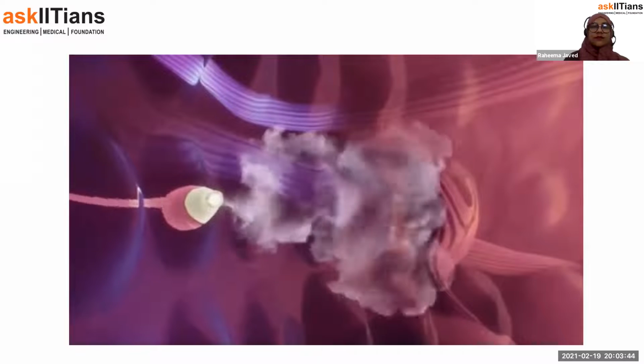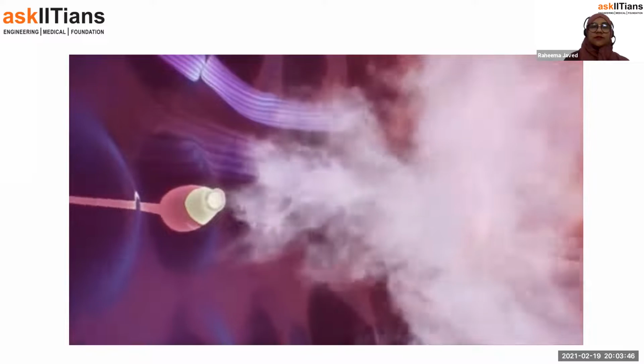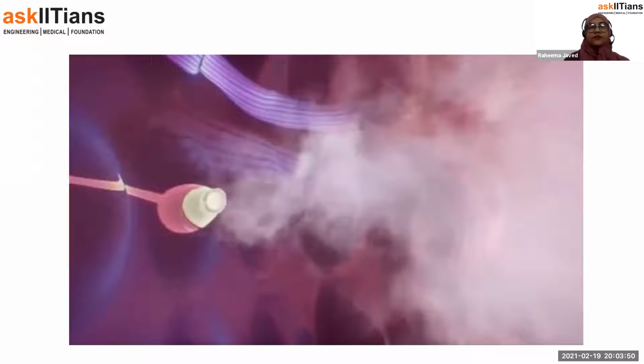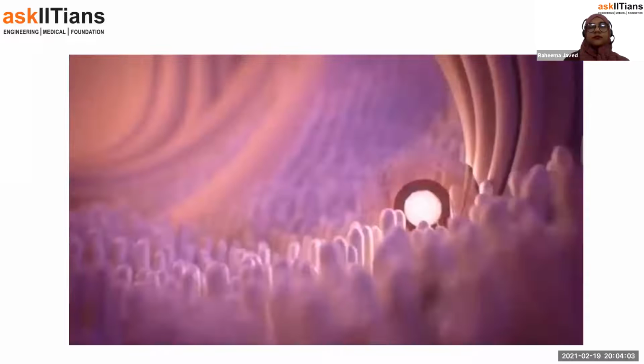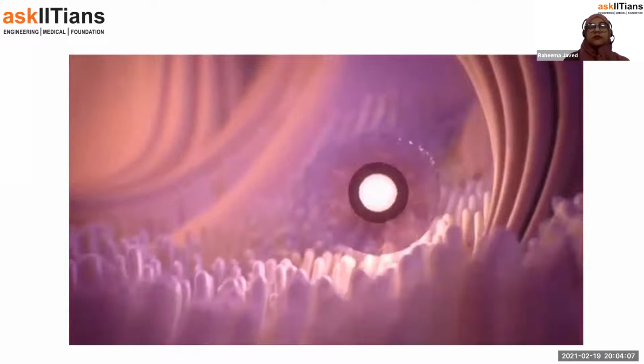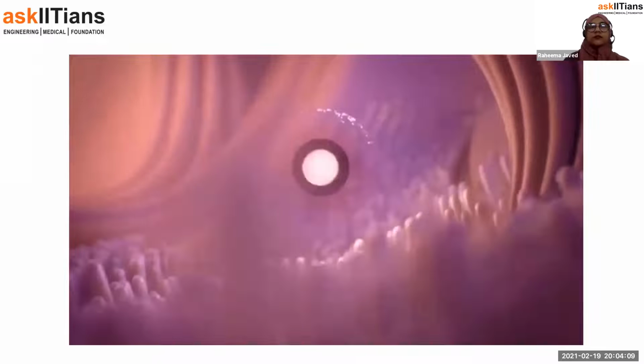Finally, we have a winner. The winning sperm enters the egg and conception occurs. Half the man's and half the woman's chromosomes combine. This creates a unique DNA code which is needed to create new life. These combined chromosomes form the first cell of the new baby. This is now called the zygote.